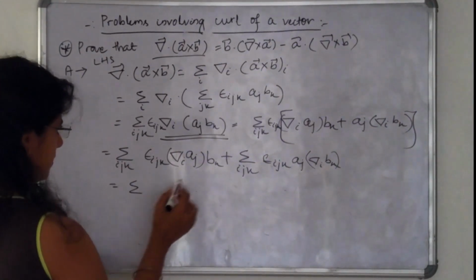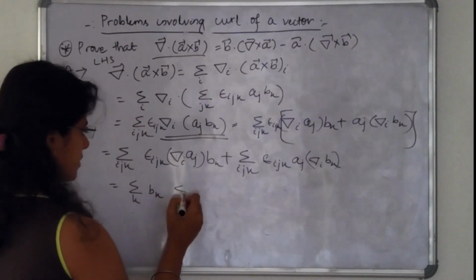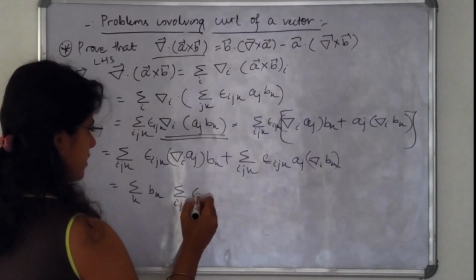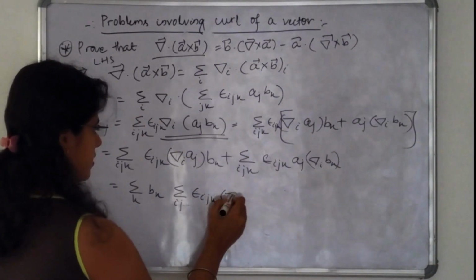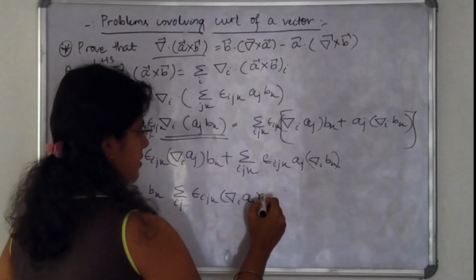This turns out to be summation over k b_k, summation over ij, this is epsilon_ijk, and this is also del_i a_j.